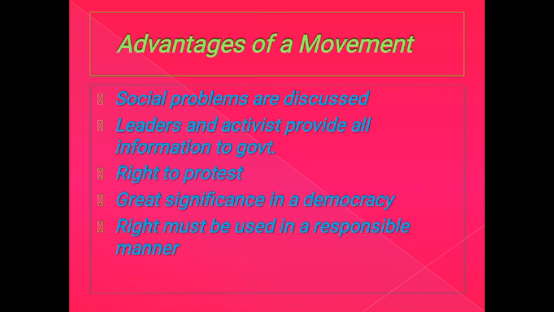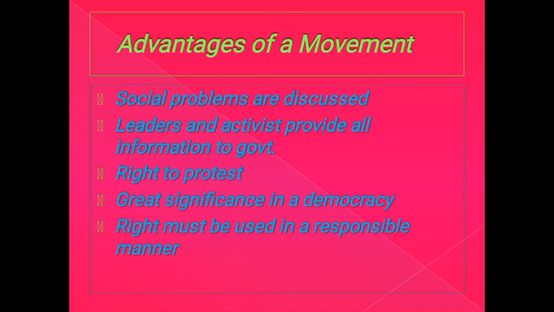Next, movements have a great significance in a democracy, right? So people always take the right decision or good decision. Government decisions can be false, so people can correct them.